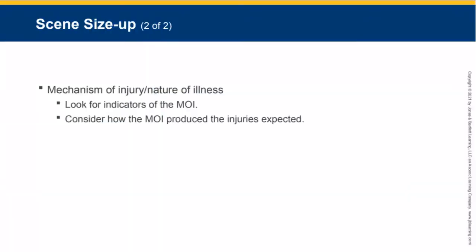Mechanism of injury or nature of illness. Look for indicators of the MOI, and if you found the MOI, is it significant or insignificant? Is it localized or diffused? Consider how the MOI produced the injuries expected.